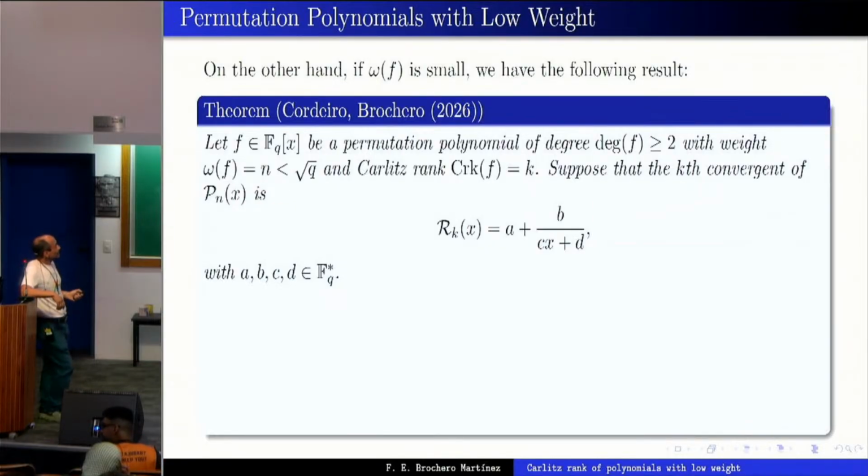Then we had a permutation polynomial of degree greater than 2 and weight n less than the square root of q, with Carlitz rank equal to k, and we are going to suppose that the k-th converse of the polynomial P_n is of this form with a, b, c, d different from 0.